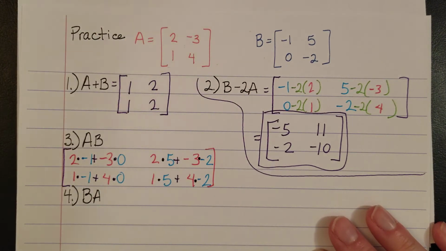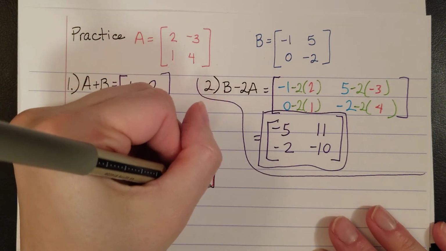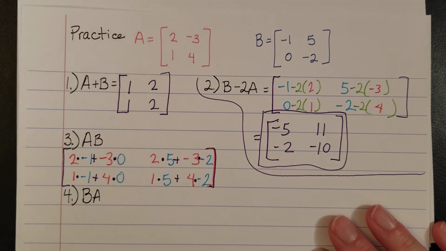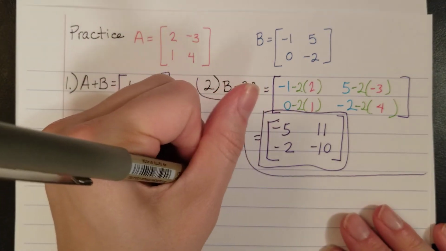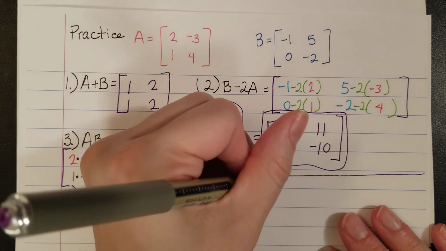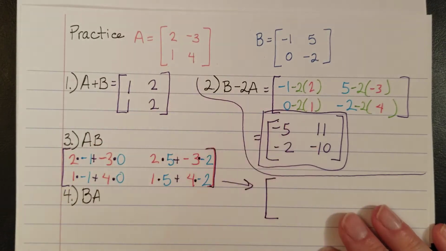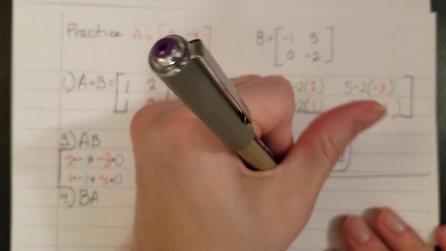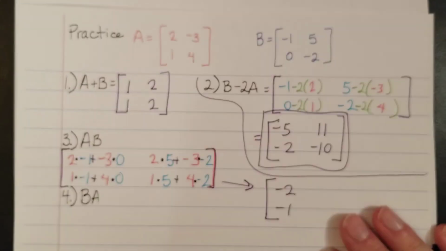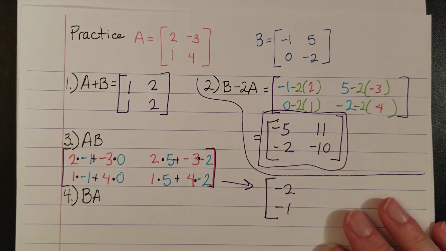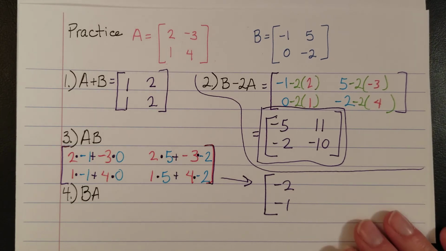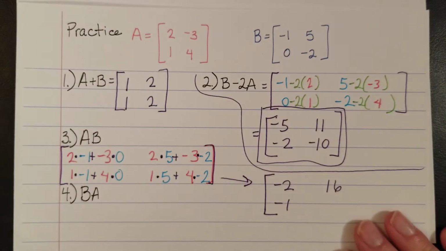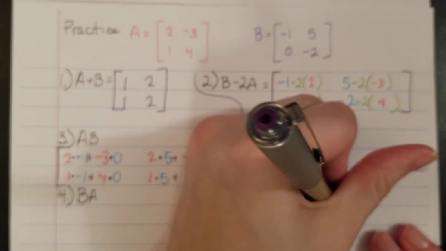Just always start with times and then alternate. So that's going to be negative 2, negative 1, and then 16, and then negative 3.